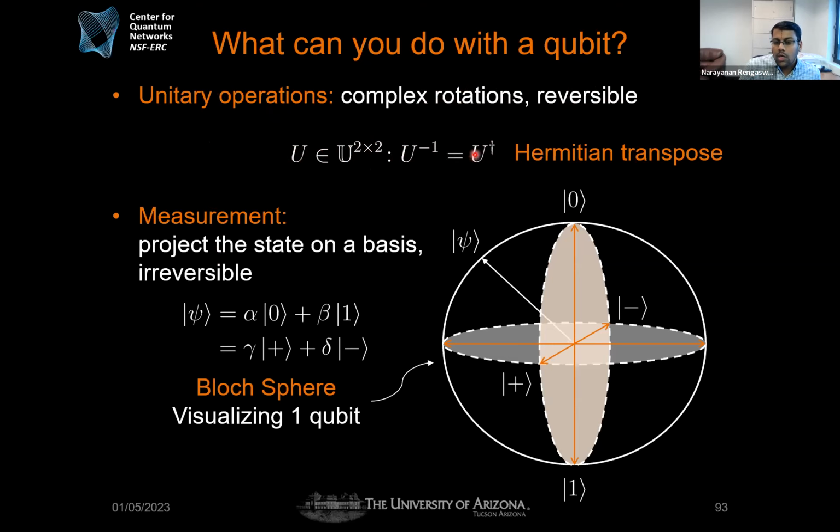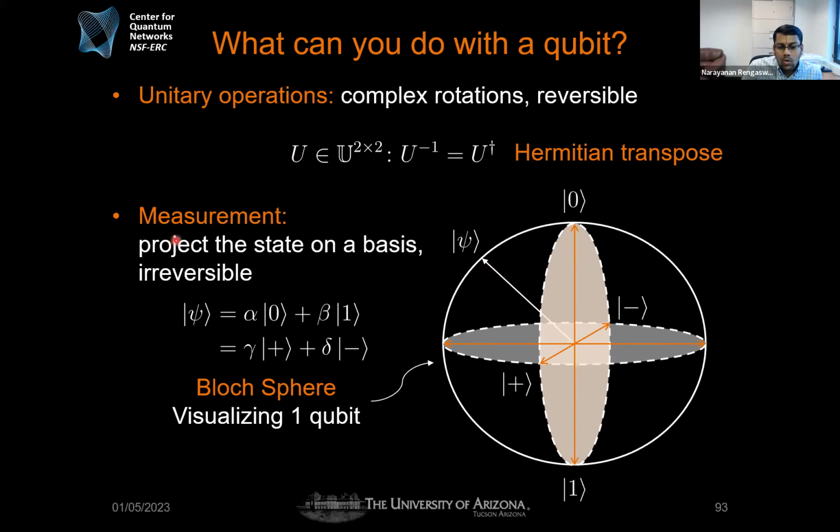In other words, U dagger times U or U times U dagger will be identity. And I'm sure you have seen this before in your linear algebra courses. So that's what a unitary means. So unitary operations are rotations. You can take this psi vector, and if you apply U, it just keeps rotating on this Bloch sphere.